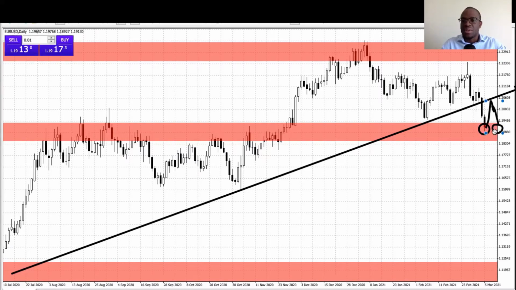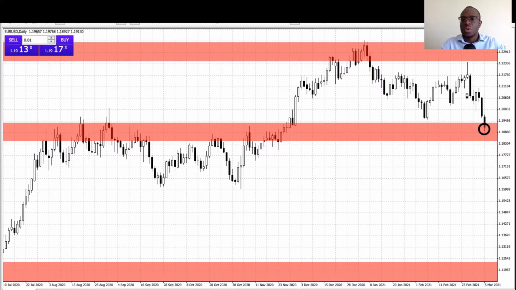Then the other scenario as far as this trend line breakout is that upon being retested as a resistance zone, the bearish pressure may be so powerful as to break this zone, retest, and move to the downside. Then in terms of the general price movement, not paying attention to these two, we'll just be saying that if the price is rejected from this zone and makes a lower high, then we'll be expecting that the price would move to the downside.